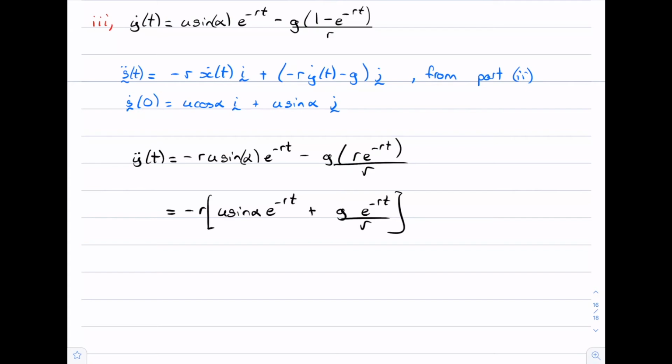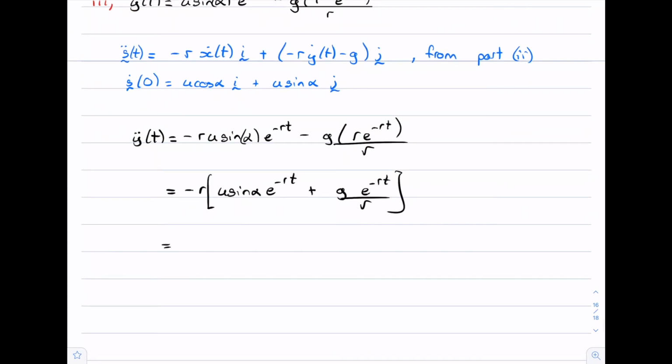Okay, now this is looking better, but it's still not there, because we can see that with y dot of t, if we want that to reappear, we need to have 1 minus e to the negative rt appearing here, but we really only have e to the negative rt. So what we'd like to have is the 1 minus business going on. So what we're going to do is add 1 to the numerator, and subtract 1. But before we do that, I'm going to do this in 2 steps, just so everyone can see exactly what's happening.